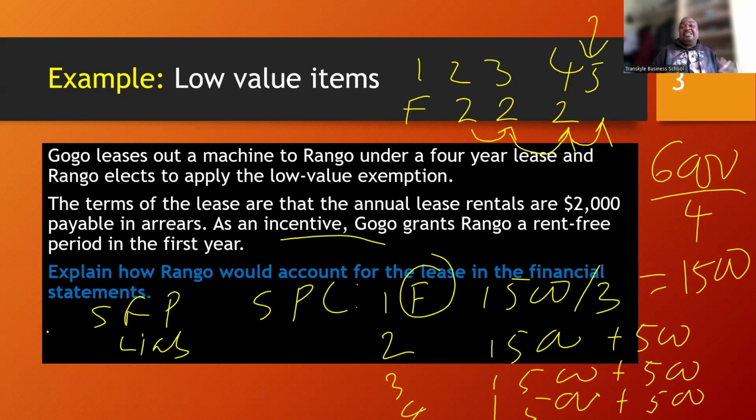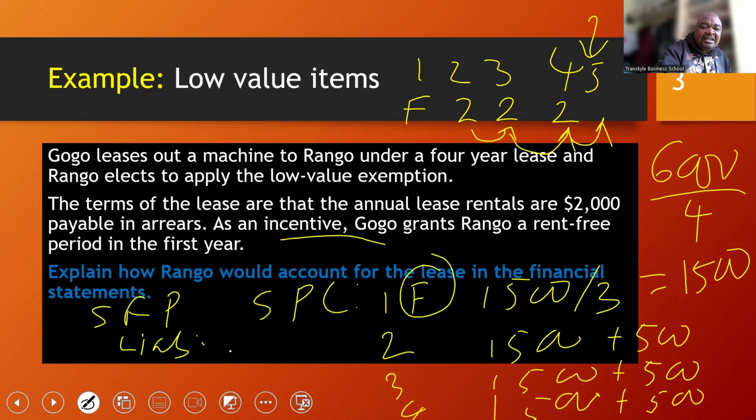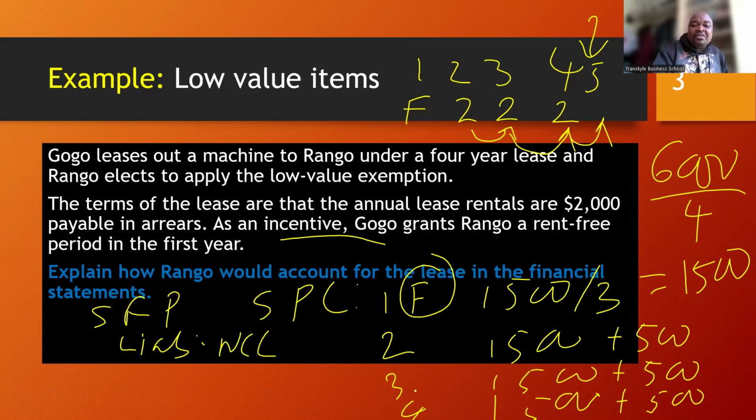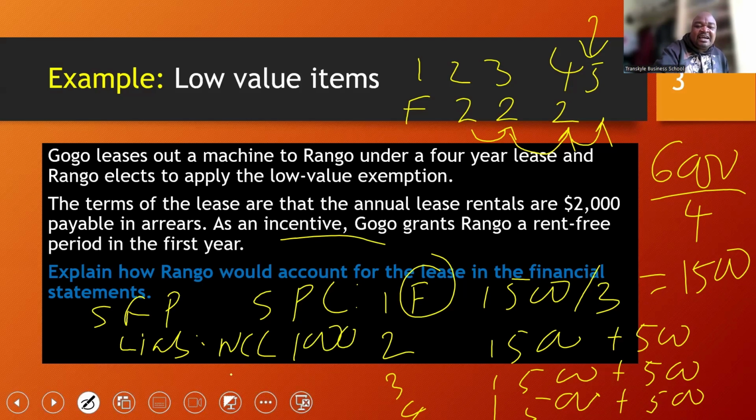Both the current and non-current. The non-current liability would be $1,000, and somebody can tell me why, and the current liabilities will be 500. Why is it so? Because this is current. The first one is current, but the other one is longer term.